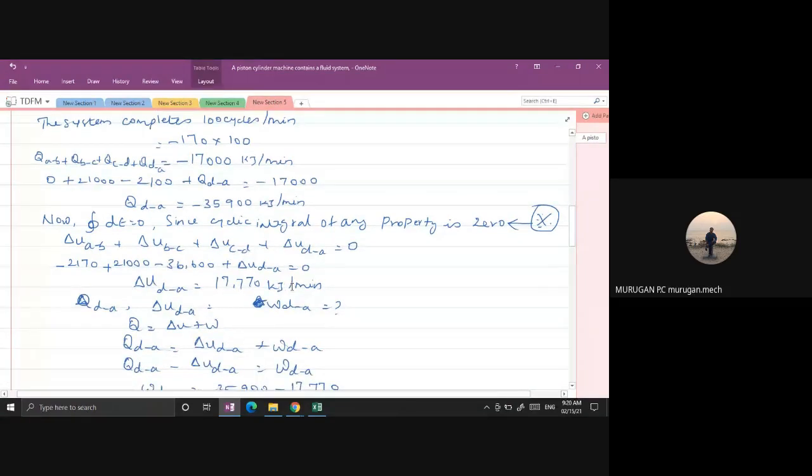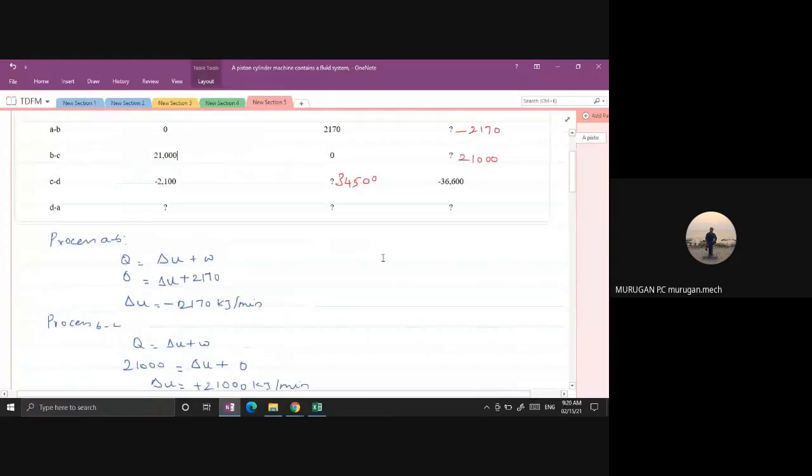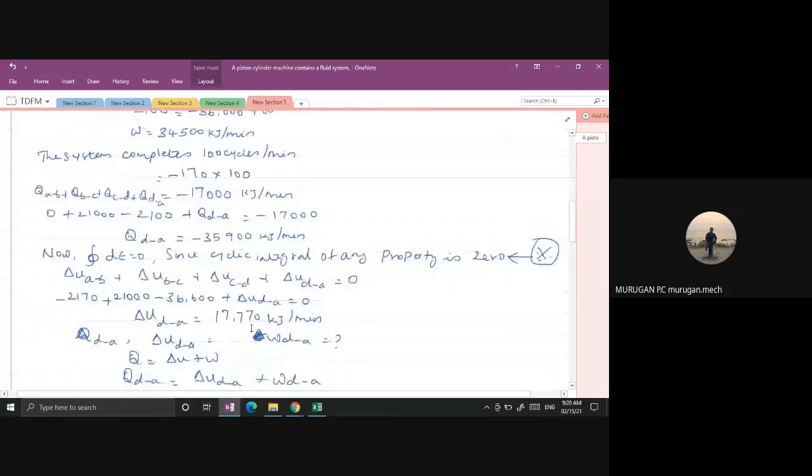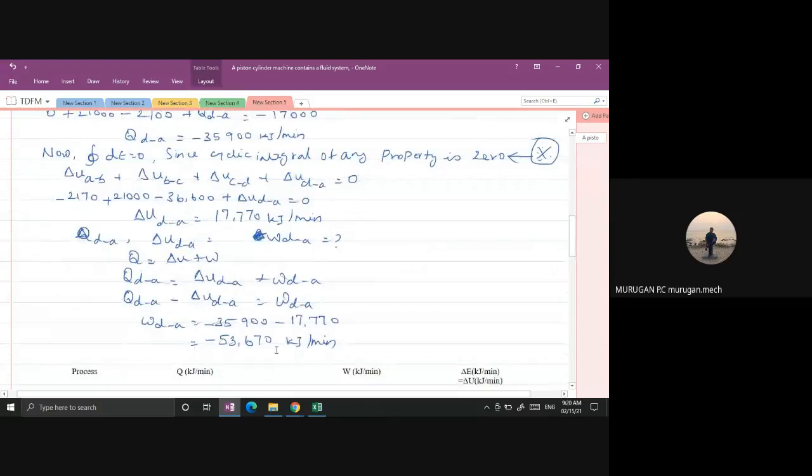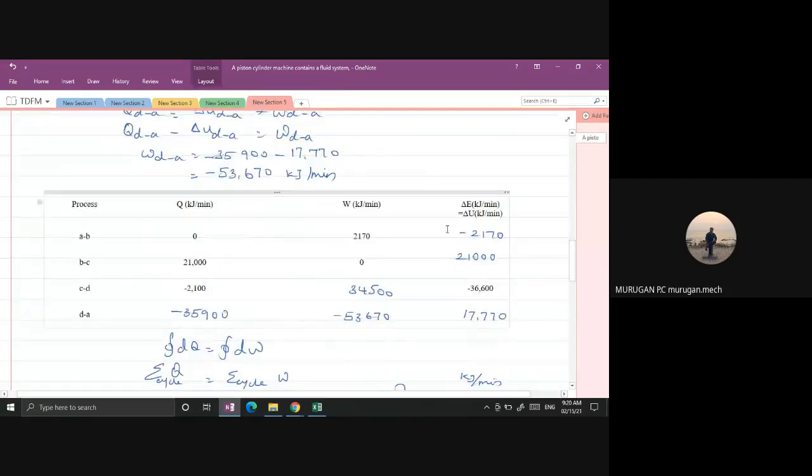The only thing left out is W D to A, which can be found using the formula Q equal to delta U plus W. Once we find out all the data, we have to fill it up in the given box.